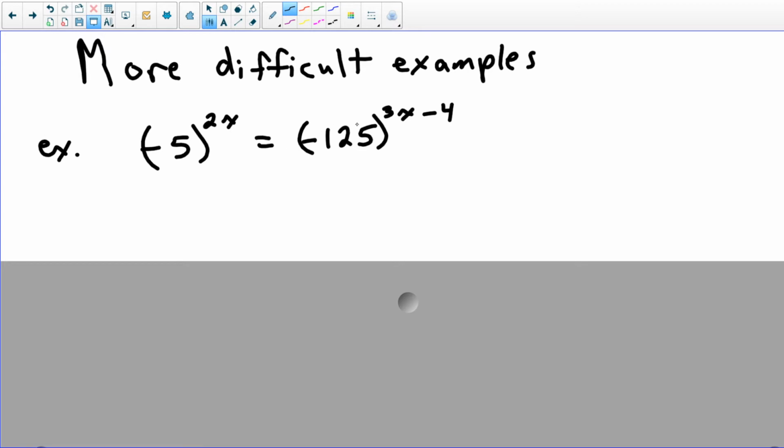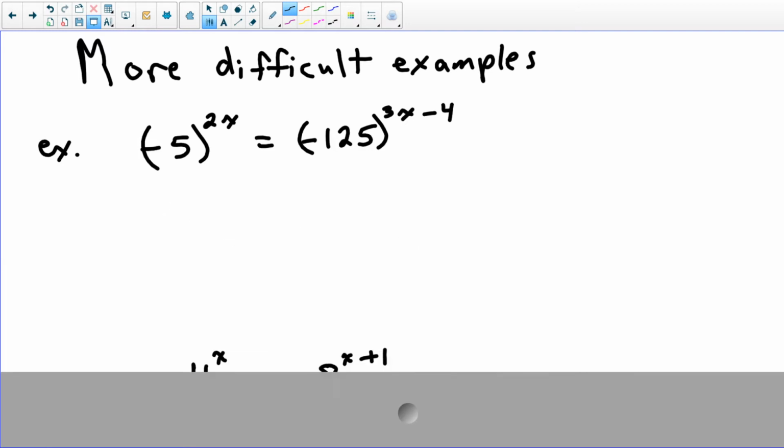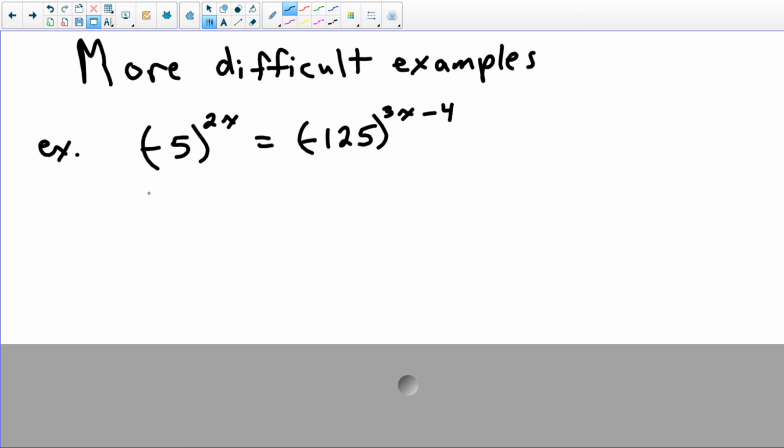Can we change negative 125 to be a base of negative 5? That's right. Now, this side doesn't change. I would ask you to think of why we can do that here.